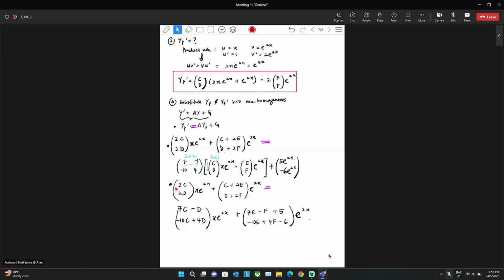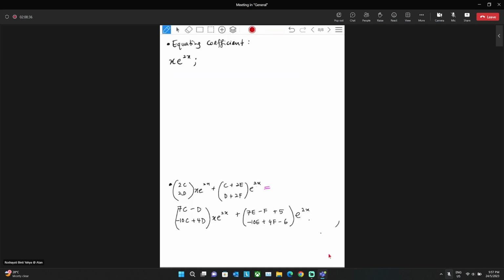Okay, for x exponential x, so 2c to d equal to 7c minus d, negative 10c plus 4d.